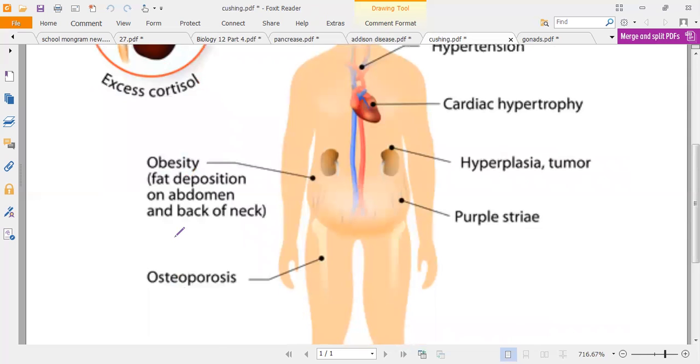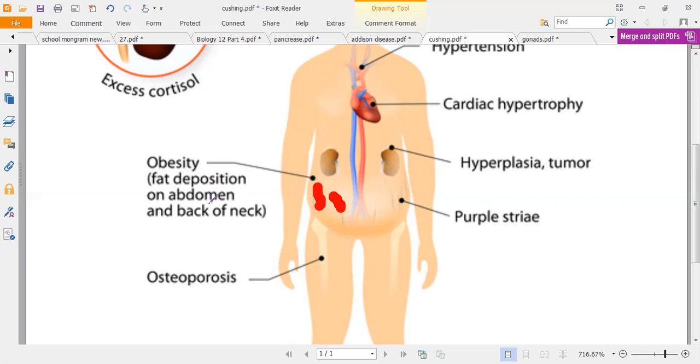Then cardiac hypertrophy, and hyperplasia and tumor can be on the adrenal cortex. Purple striae, when the muscles are degrading. These lines can be seen where there are more muscles.